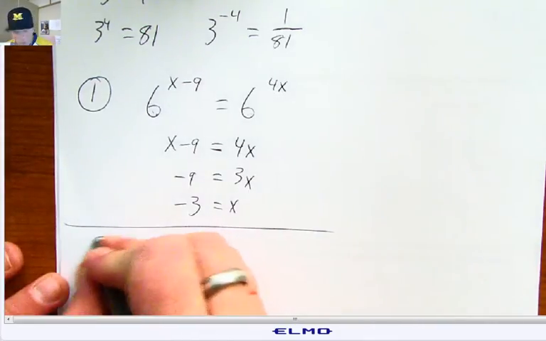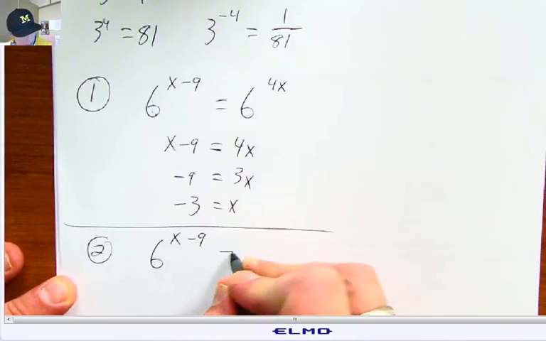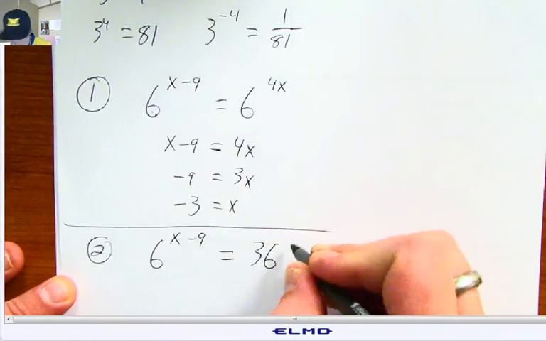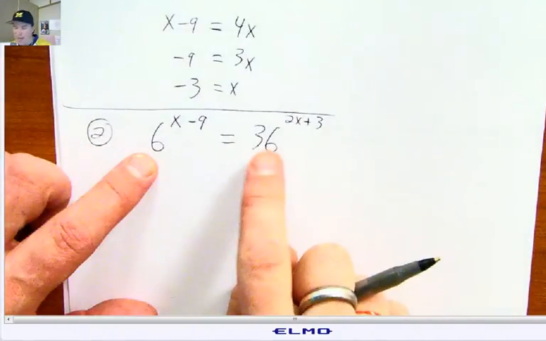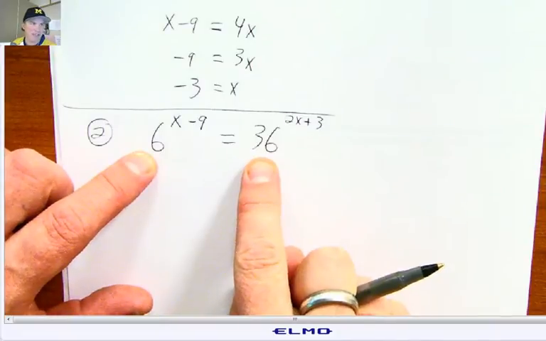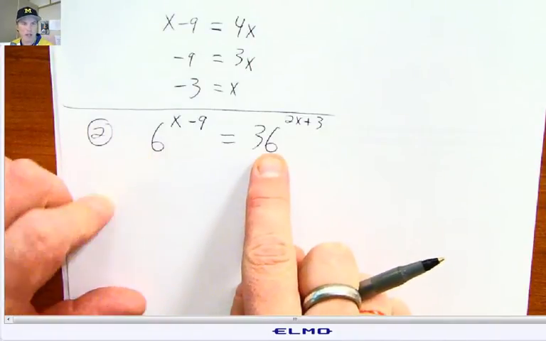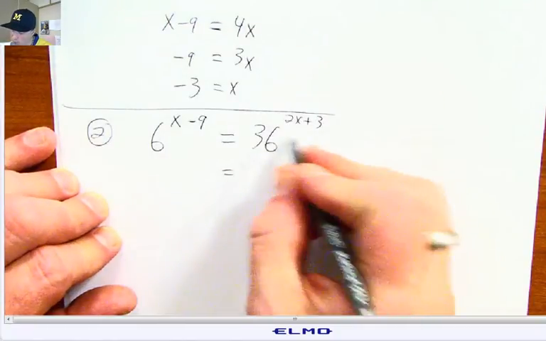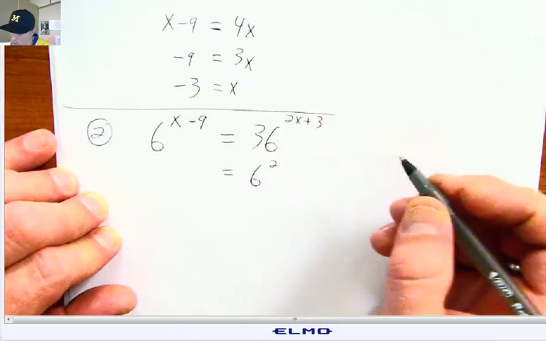Number 2, let's say I had 6 to the x minus 9 equals 36 to the 2x plus 3. Well, these two sides, they do not have the same base, but they have a similar base. I know that 6 squared is 36, so on this side I'm going to change my 36 to a 6 squared.